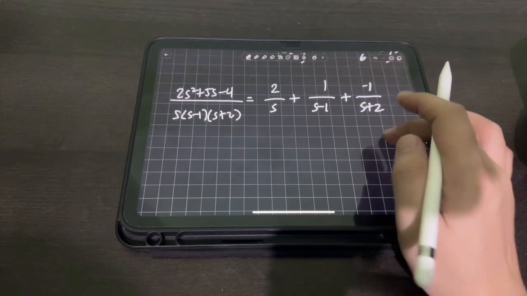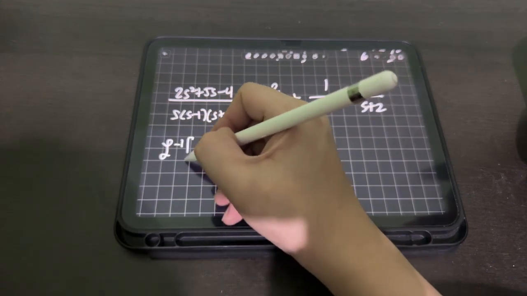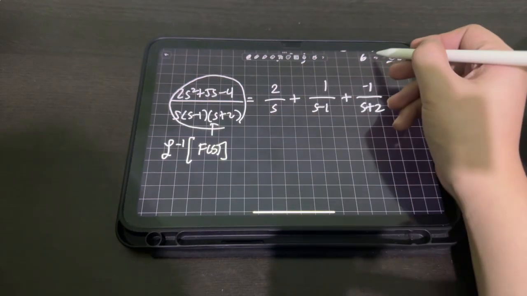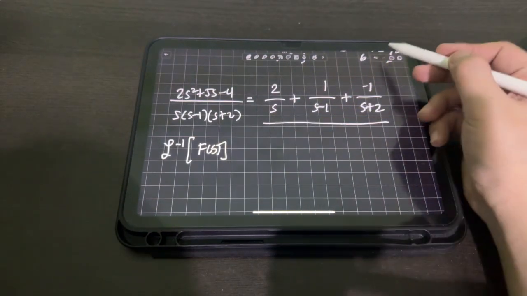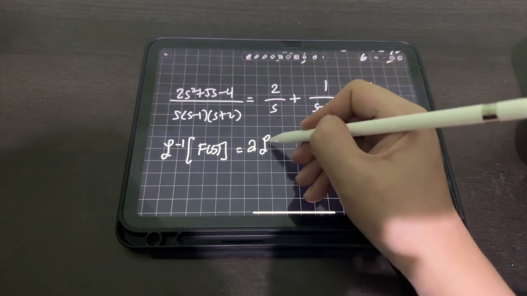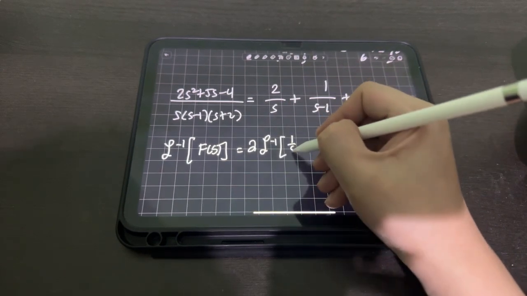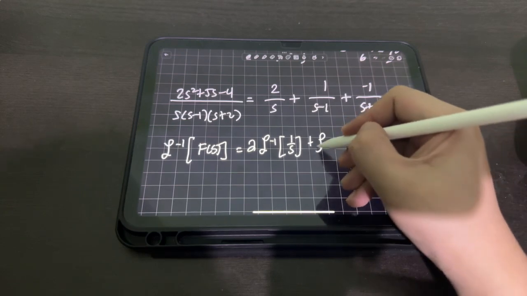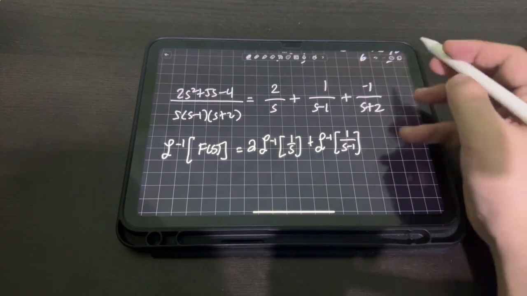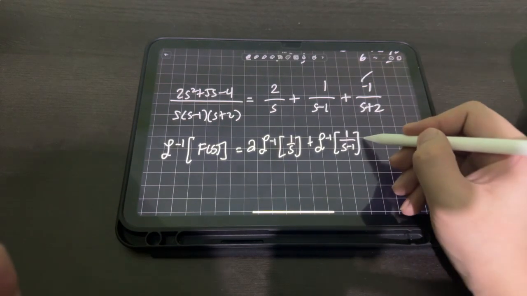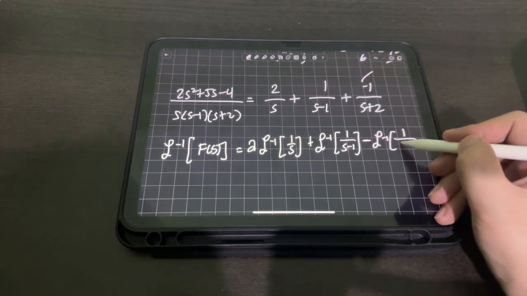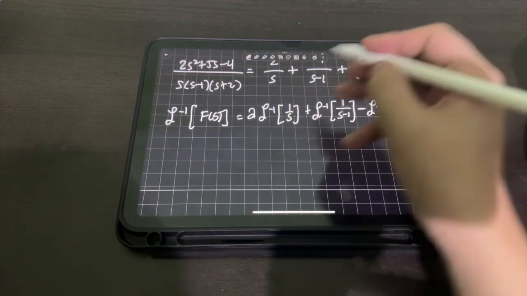Okay. So, if we try to get the inverse Laplace transform of F of s, which is this original expression, just get the inverse Laplace transform of each. So, we have 2 times inverse Laplace transform of 1 over s plus inverse Laplace transform of 1 over s minus 1. So since we have negative 1 here, we should have minus inverse Laplace transform of 1 over s plus 2.